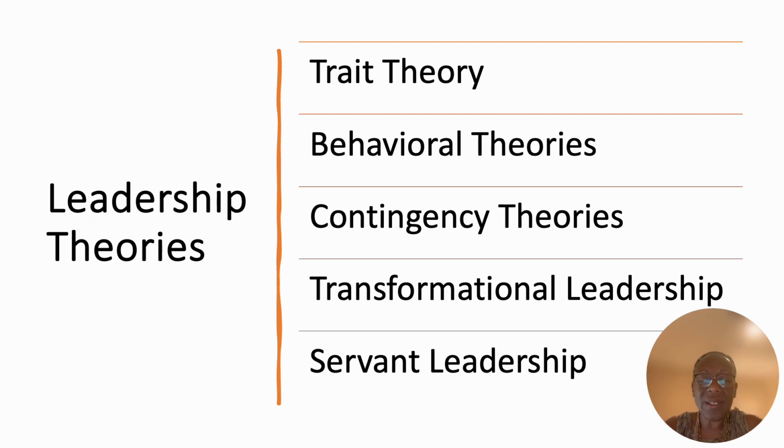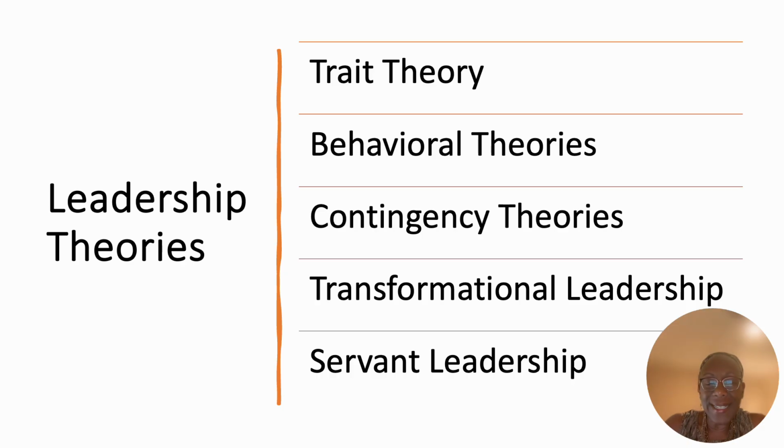For instance, it started with the trait theory, and that leaders have certain traits that help them be good leaders. Traits could be confidence, integrity, and being able to be truthful.